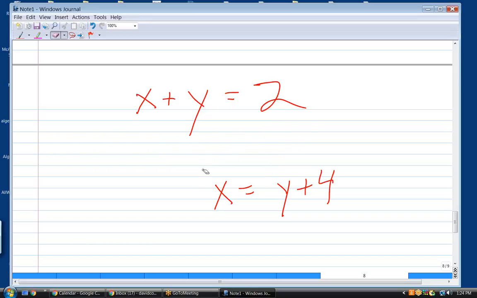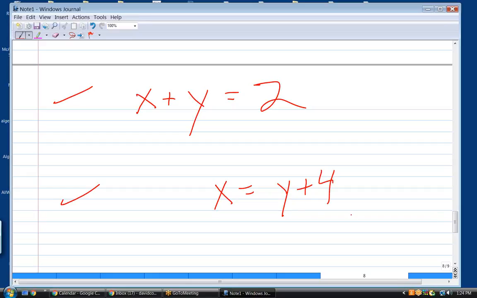So now, instead of having the two equations I originally had, I've got one that looks the same way, but another that's already solved for one of the variables. It doesn't matter whether it's for x or for y. One of the variables is fully solved for.